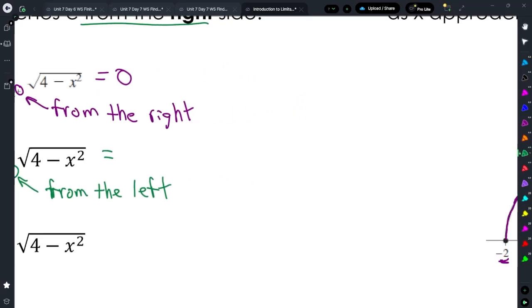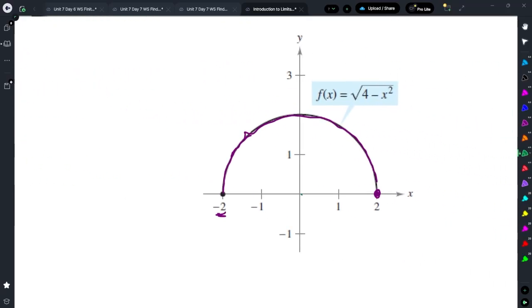So now let's look at our graph. Here is x equals 0, and if we're going from the negative x values and we follow this graph, our y values get closer and closer to the number 2.